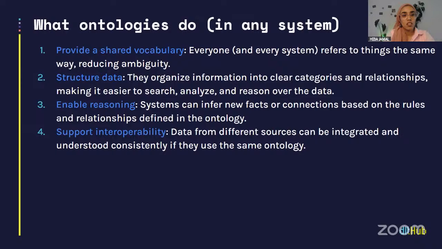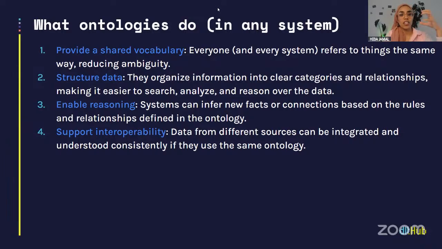So in any system, ontologies provide a shared vocabulary, which, as I ranted about earlier, there are different ways that APIs can be understood. But there is a very standard way in which DLT writes pipelines or basically automates pipelines.